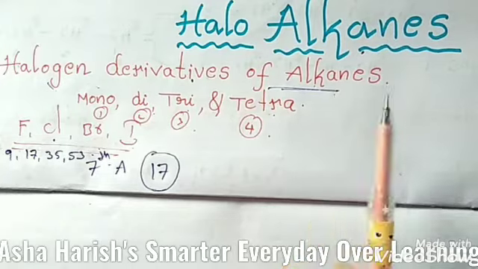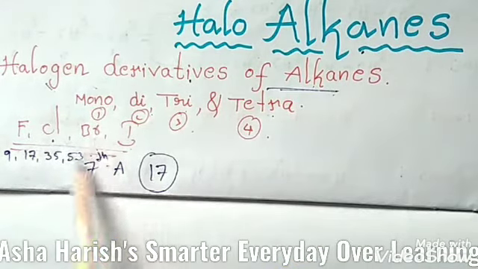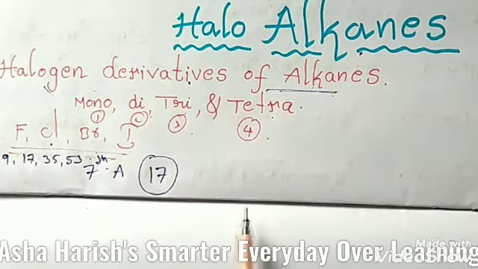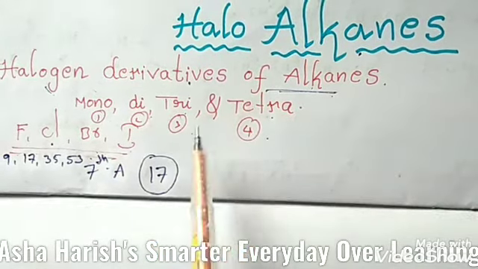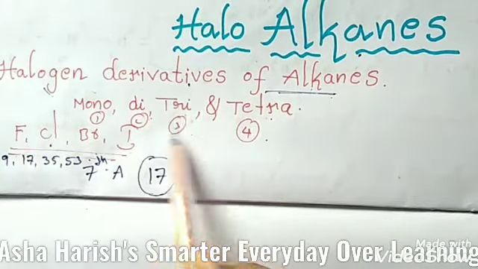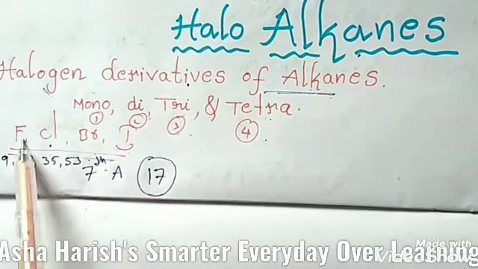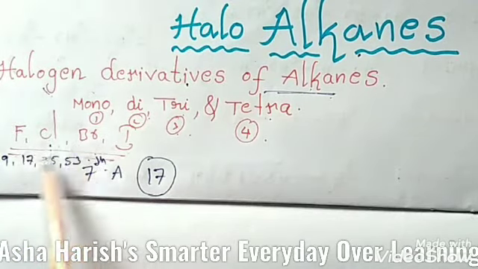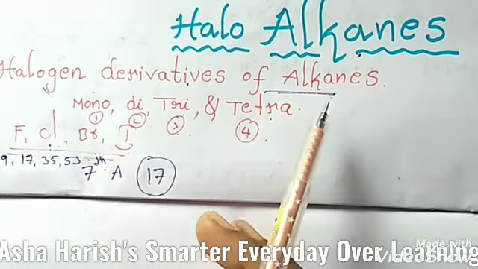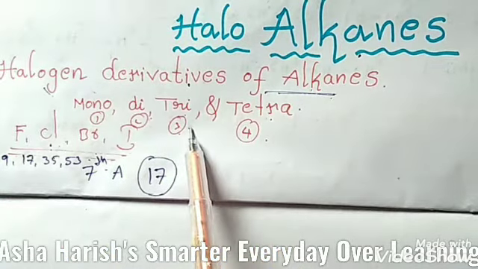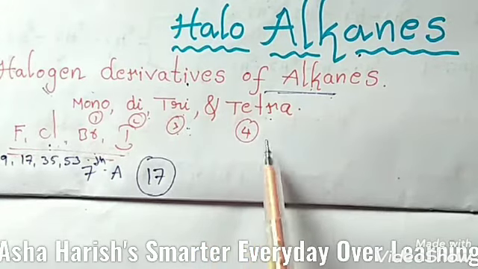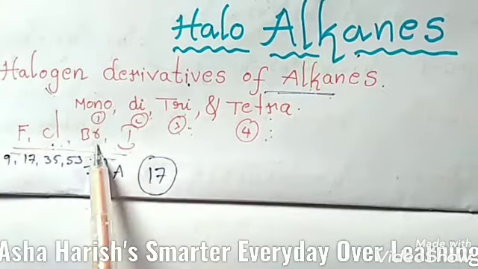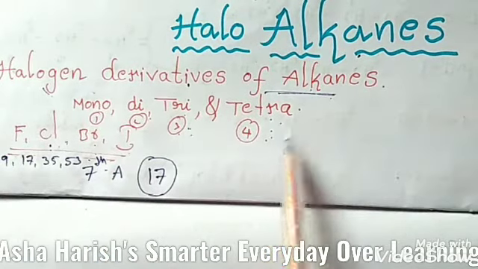If only two halogen atoms are present, that is known as dihaloalkanes. Tri means 3: if only 3 halogen atoms, like fluorine, chlorine, bromine, are located in that compound, that is known as trihaloalkane. And tetra is the same: 4 halo atoms present is called tetrahaloalkanes.